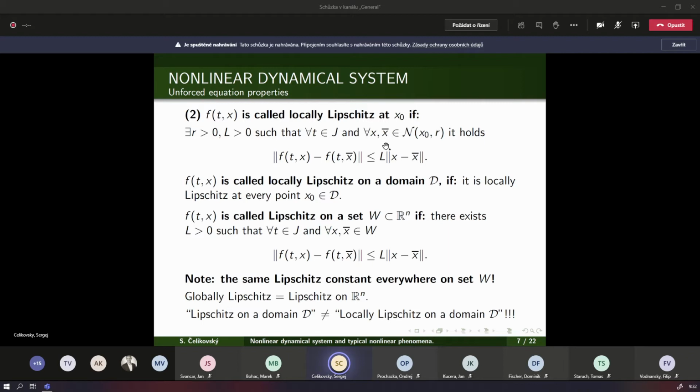Yeah, but this estimate says that basically we can estimate it somehow, very roughly, with some linear behavior, because when you slightly change the state from x to x bar, then this function also slightly changes, but not only slightly, but changes in such a way that the difference is less than L times the difference between these two states. So you can immediately understand that it is much stronger, or simply stronger property than just continuity.